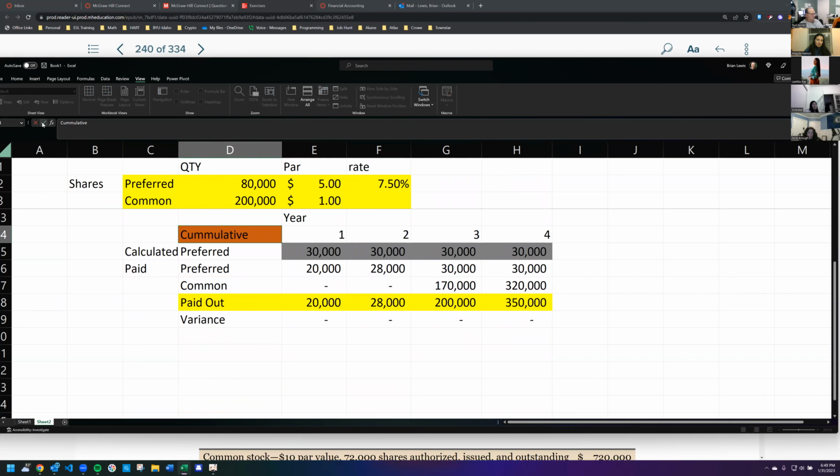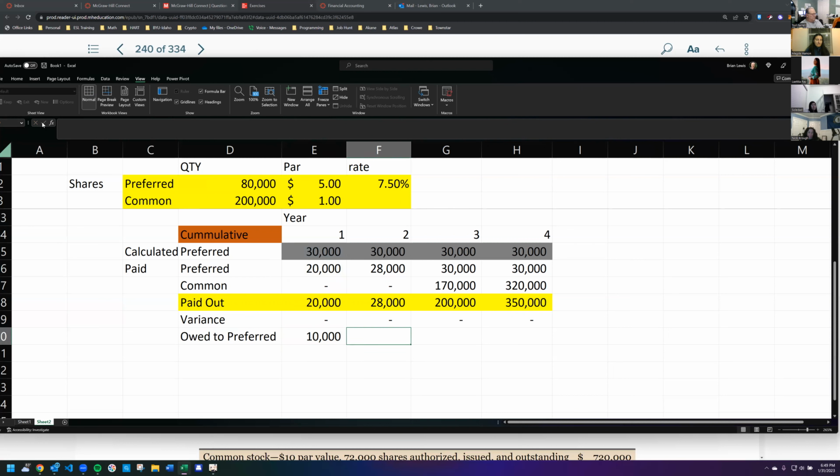I'm going to do this without changing the formulas too much, and try to keep it just the way it was. So you've got the non-cumulative way, variance is 0, but now we're going to go with owed to preferred, as simple as I can. I'm going to do that as what we owe them minus what we paid them.